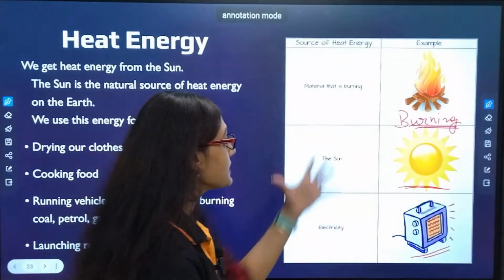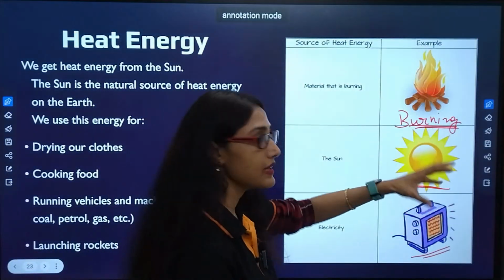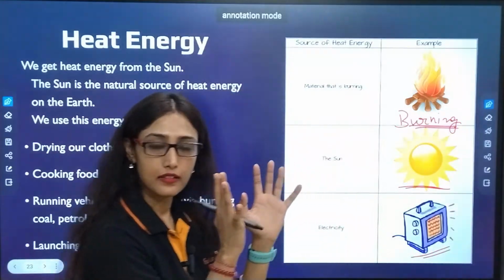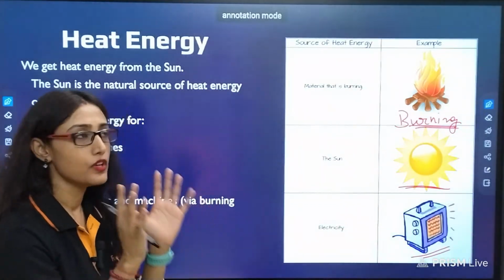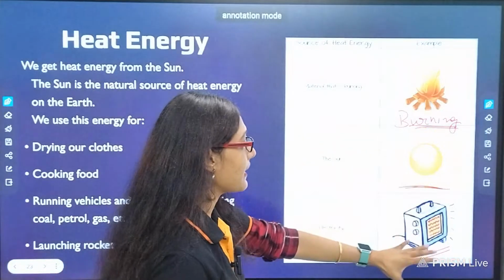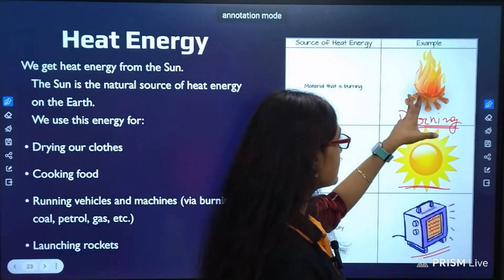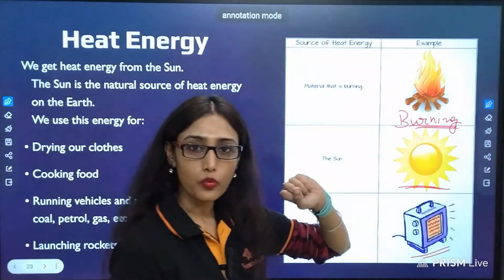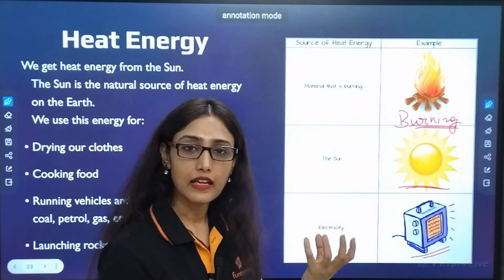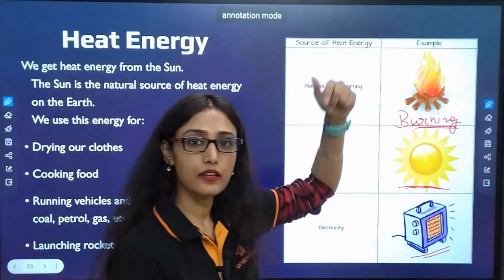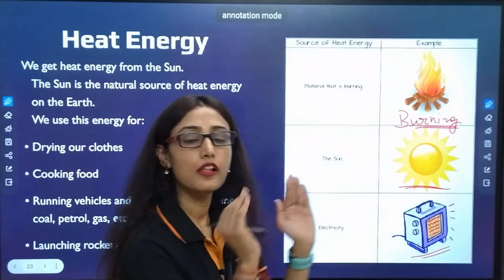Okay? So what is this? These are something hot, right? So this hot kind of things, what kind of energy are we getting here after burning the woods? We are getting heat, and we can cook anything over heat or keep ourselves warm.